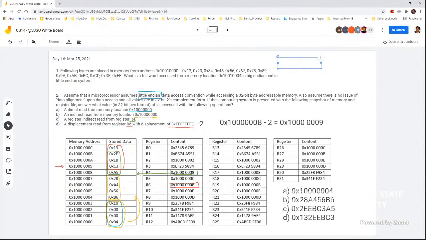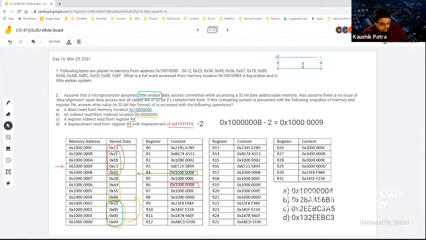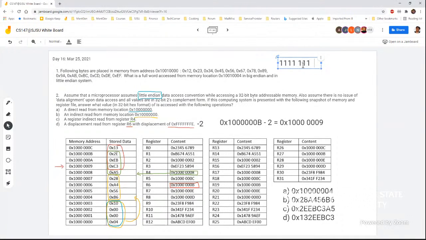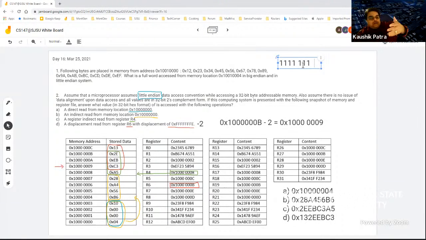Let's say this one: you can pretty much say the F's are all 1s. For 2's complement, you negate the bit values, so the pattern becomes 0s. The last one is important, E in FE: E is 1110, negated that is 0001, and you add 1 on top of this. So ultimately your value is 2.